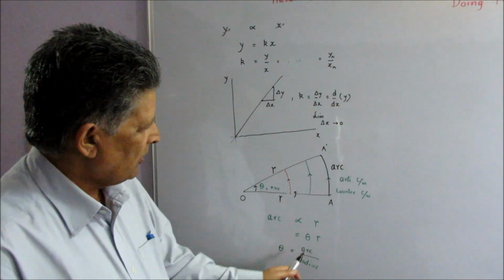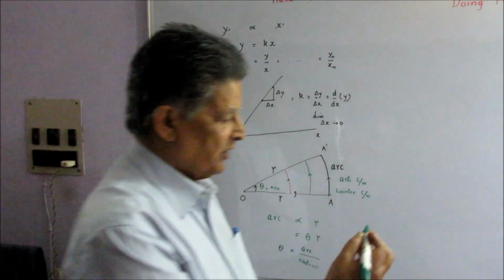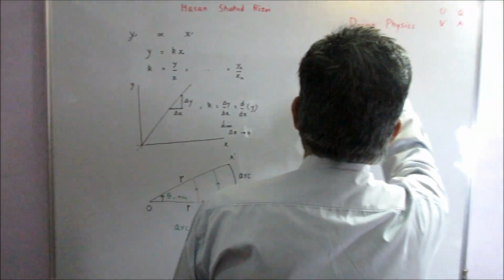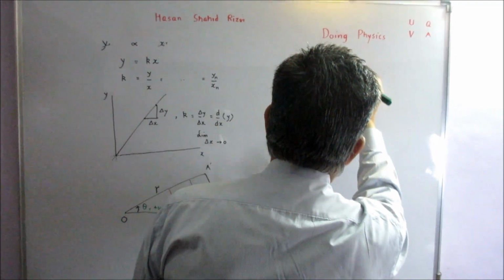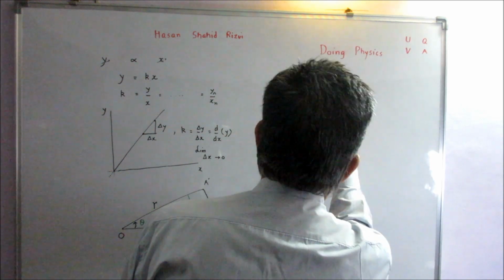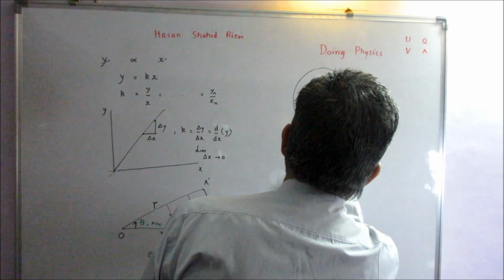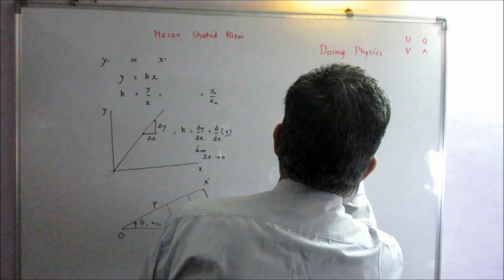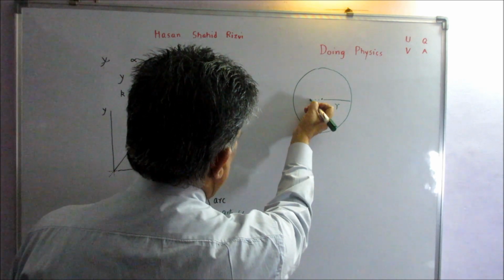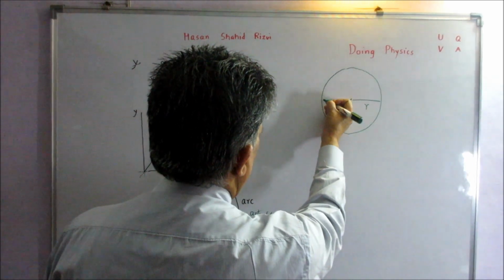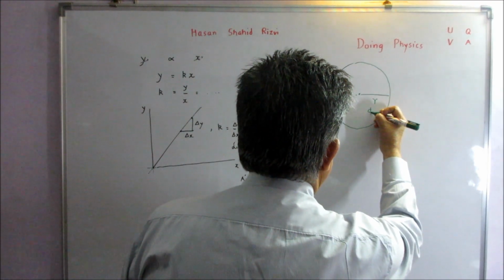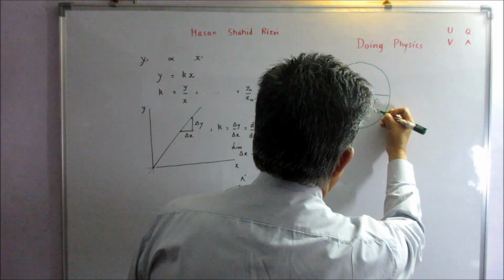So theta is equal to arc upon radius, and if we go for a circle which has the center, which has a radius r, and which has a diameter, if I extend it to the other side, then I have a diameter d, which is equal to 2 times r.